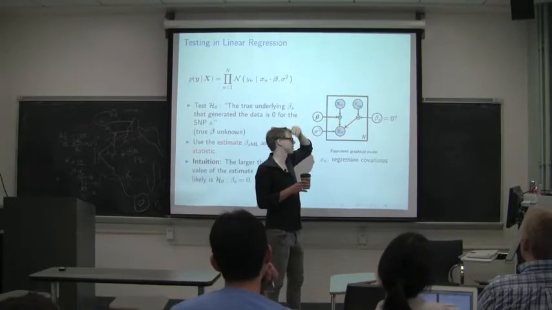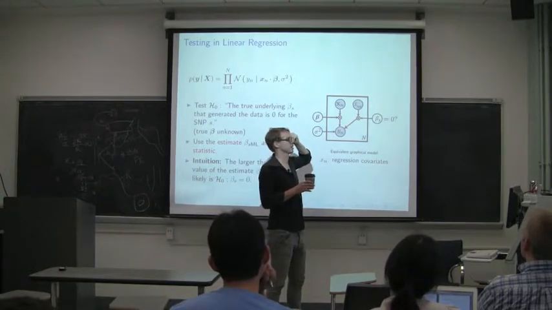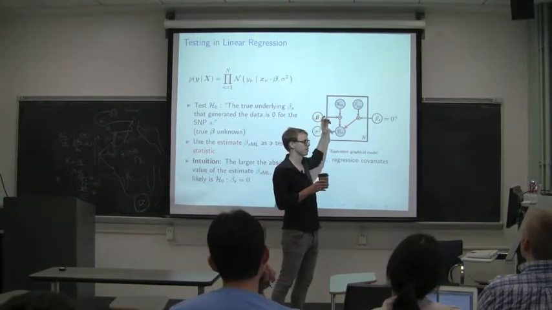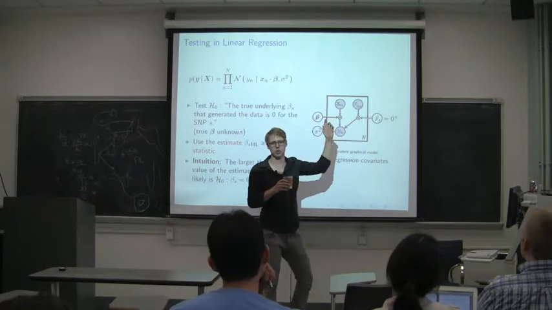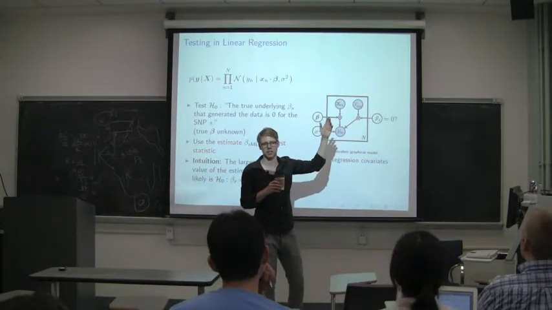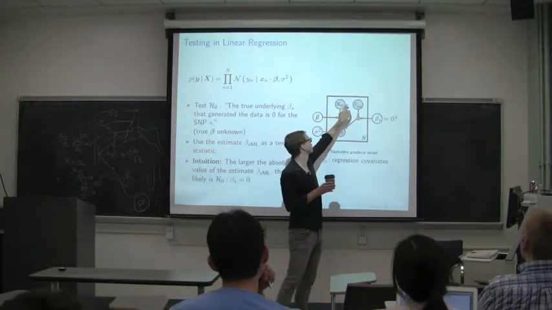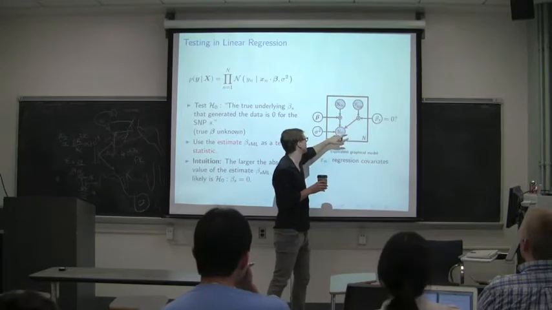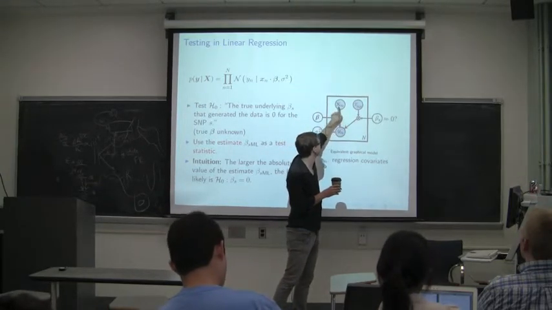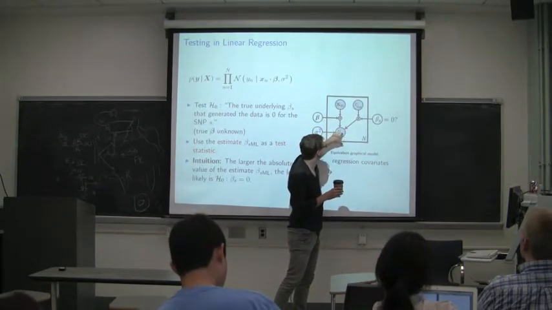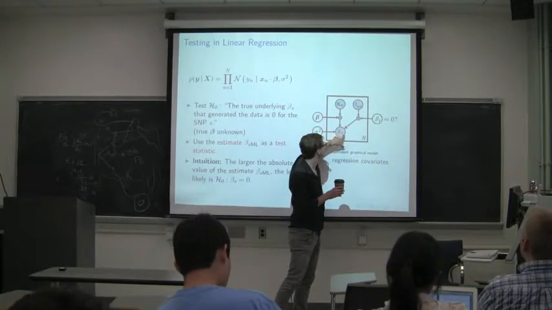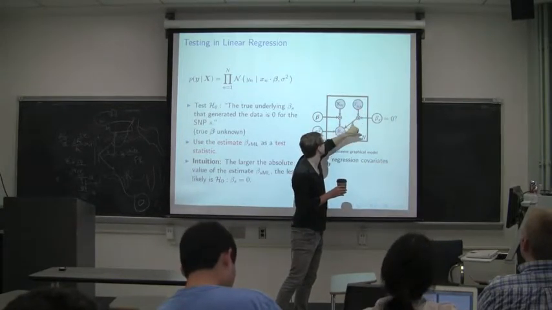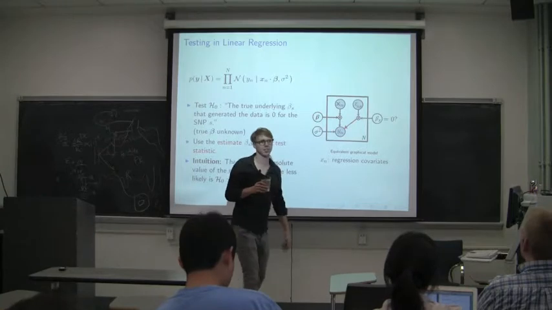What does dependence mean? It just means that the conditional distributions are not factorized. So it's not p of x times p of x, but if we condition on y, p of x conditioned on y and p of x conditioned on y are not independent.